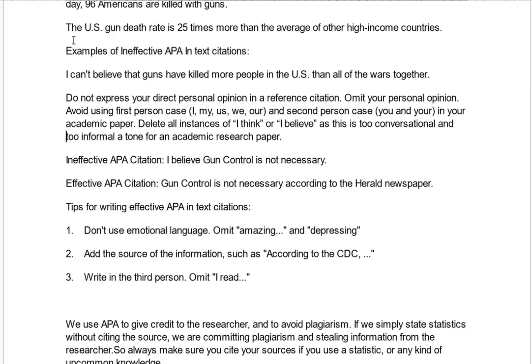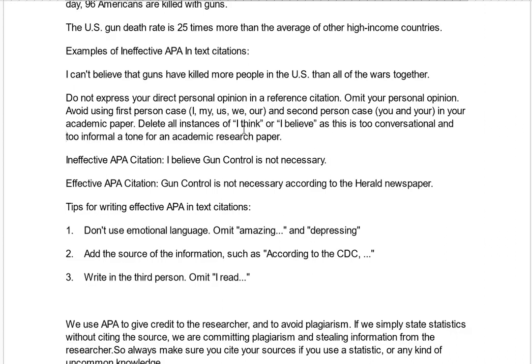Instead, when you write a research paper, stick to the facts. Take out the I can't believe and just stick in guns have killed more people in the US than all of the wars together. So do not express your direct personal opinion in a reference citation. Omit your personal opinion. Avoid using I, my, we, our, you, and your in your paper.